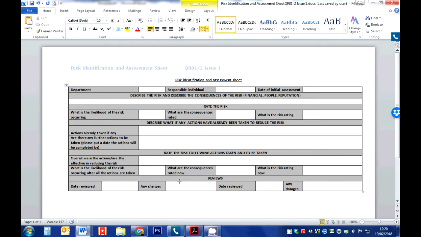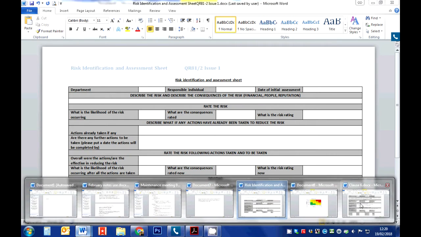So then you go back to your risk assessment matrix and you say, because of this, the risk is now this, and because of this, the likelihood of it occurring is this. So then again, you rate it in there, and then that's effectively that sheet complete. And then down the bottom you've got dates reviewed and any changes. So what you'd hope to see is, by identifying this risk and taking some action, the risk is then reduced in terms of consequence or likelihood.